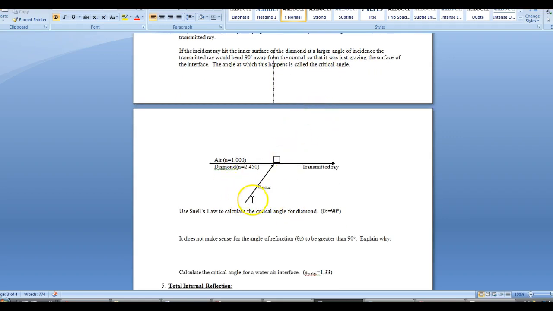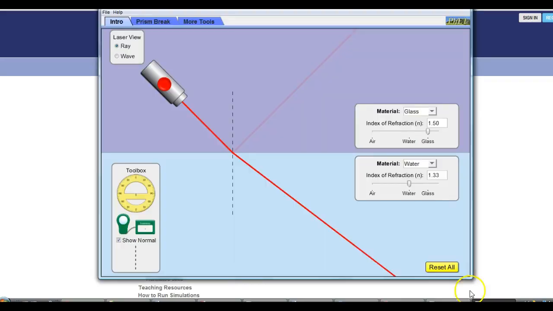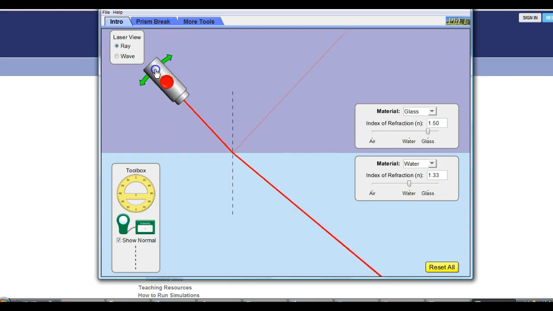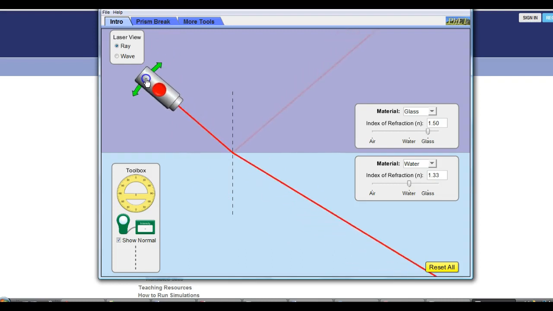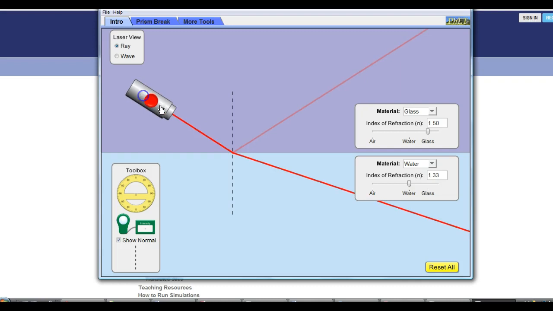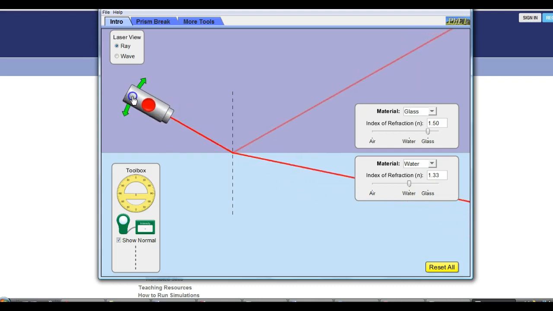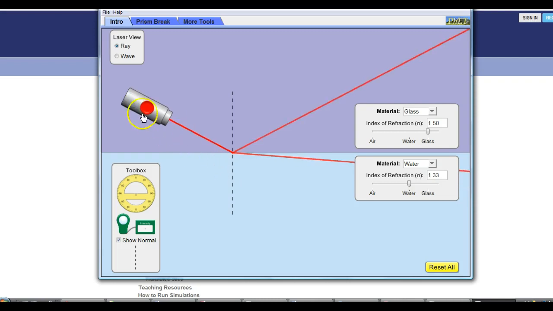So you see the image here. If you're traveling from a medium that has a high index of refraction into a medium that has a lower index of refraction, and you increase the angle of incidence, at some point the refracted ray is going to approach a 90-degree angle with the normal.